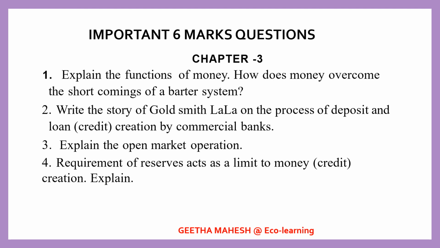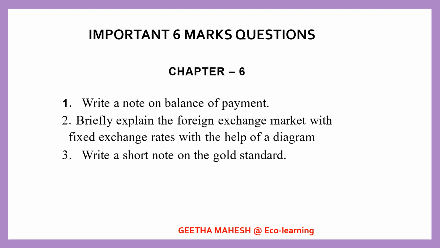Then write the story of Goldsmith Lala and the process of deposit and loan credit creation by commercial banks, and explain open market operation. The last one is: requirement of reserves acts as a limit to money creation, explain. Out of these 4, you can expect one 6-mark question.